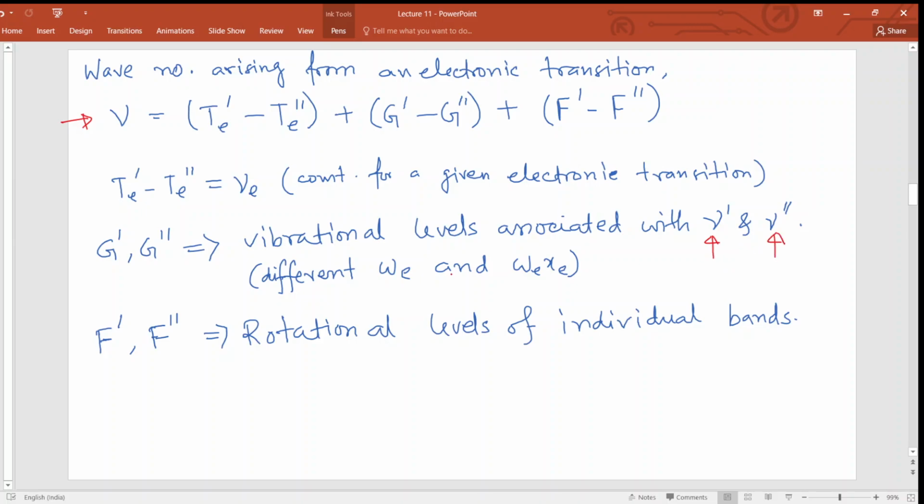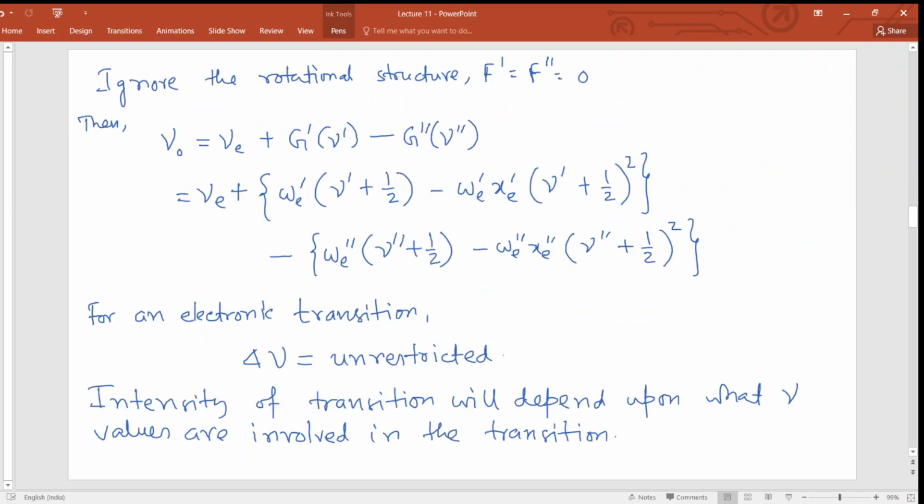Okay, which means that the omega E and omega EXE, which we discussed in the last class, will also be different for these two levels. Okay, and F prime, F double prime, these are basically the rotational energy levels of individual bands. Okay, so all three. So this is electronic, this is vibrational, and this is rotational. Okay, so all three energies are taking part in this.